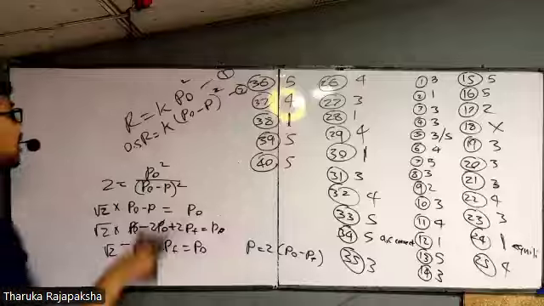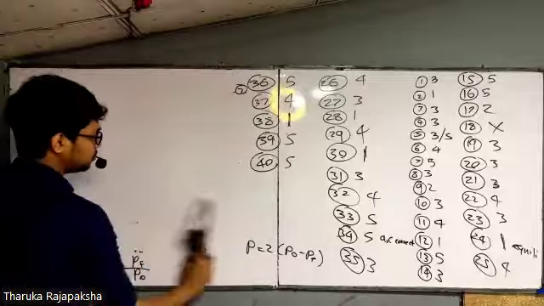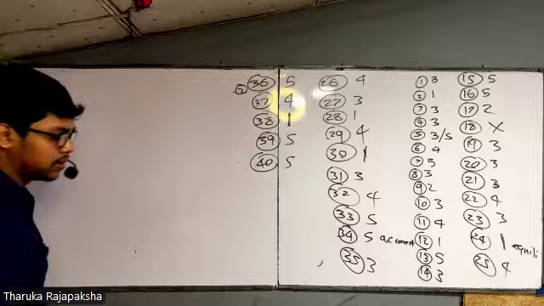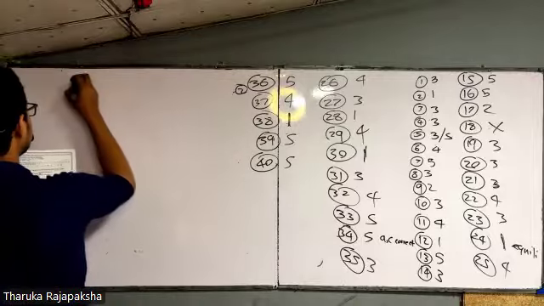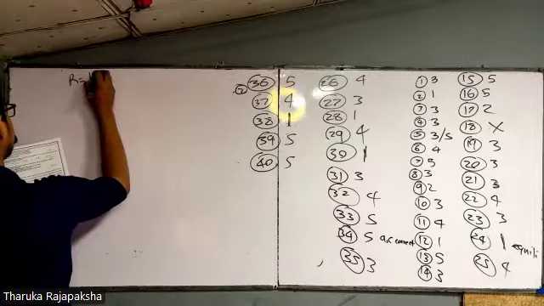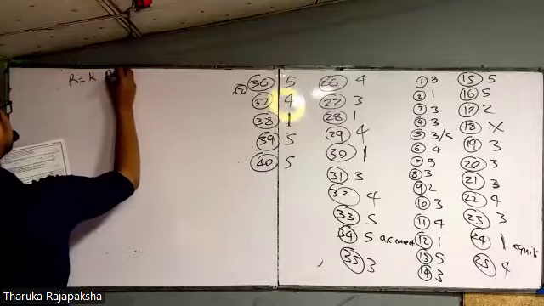Let's see. I got the initial rate of the reaction R equals K times P naught squared.